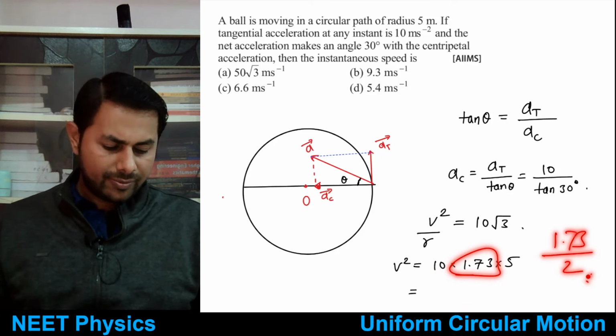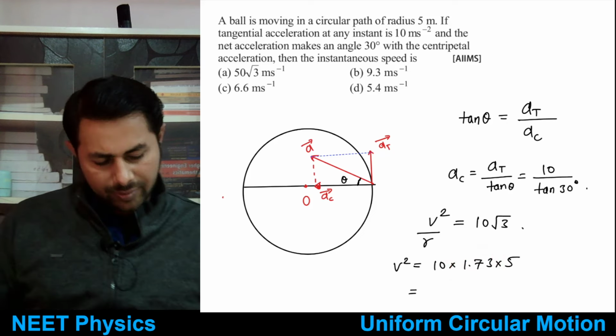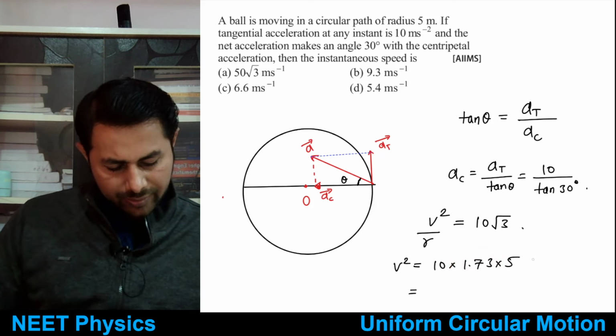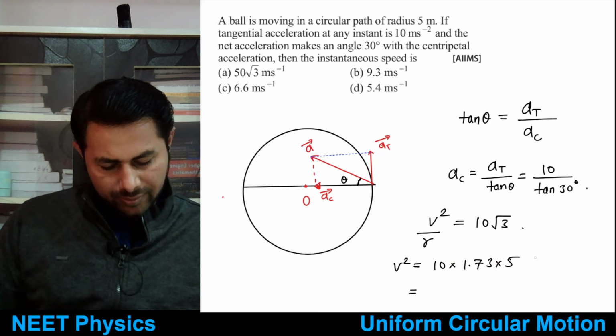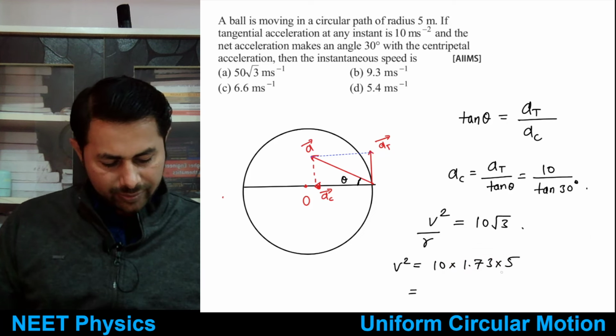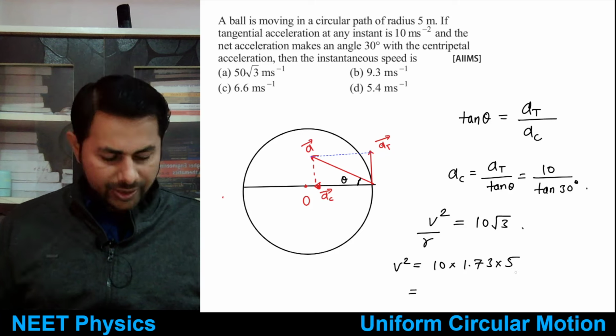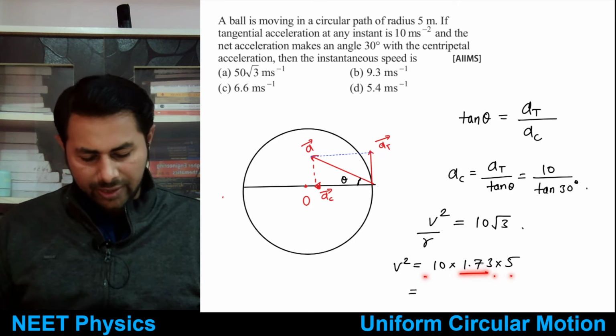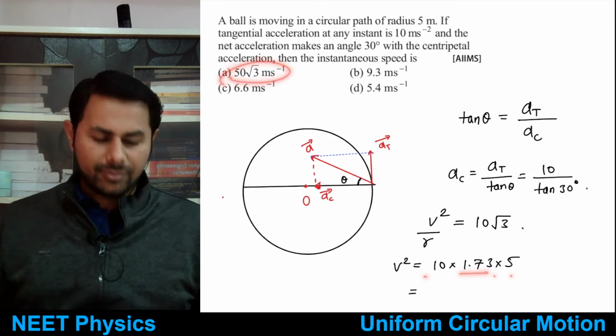50 by root 3? Option A, sir, 50 by root 3. 50 root 3, you are saying. Okay, 50 root 3, that is v square, no? We want v.